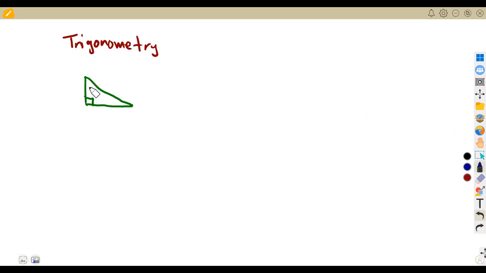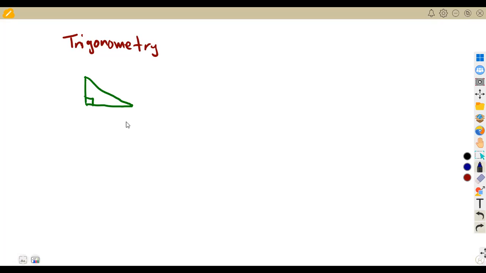Imagine this being x and this being y, or this being m or this being n. These are just letters that we can use to represent our angles.